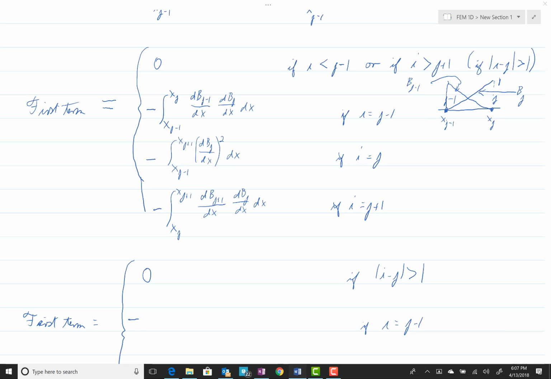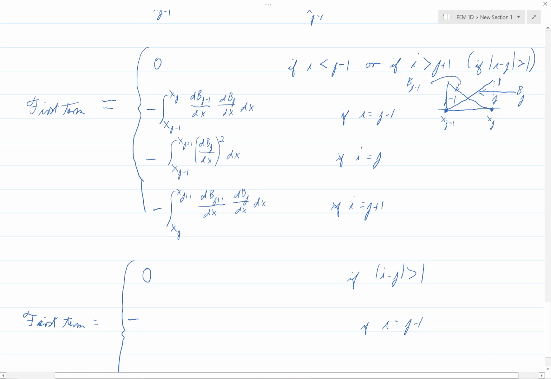So we have the integral from x_{j-1} to x_j. Now, db_{j-1}/dx is the slope of b_{j-1} in that region.